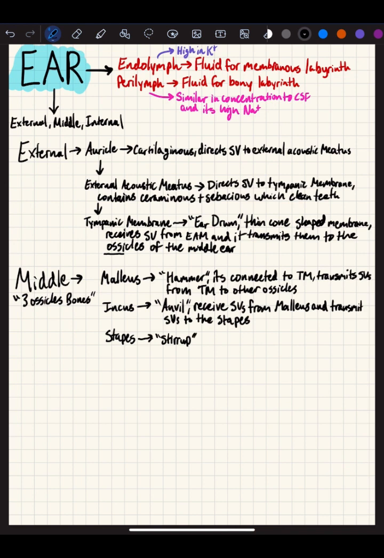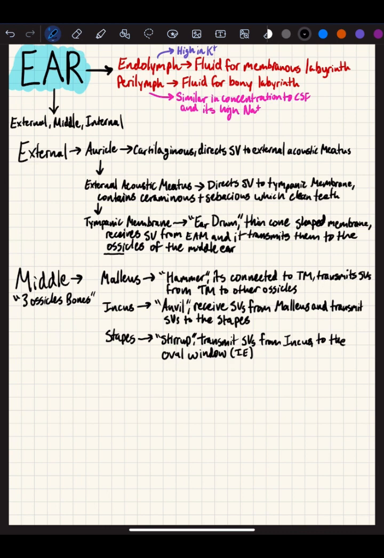And they transmit the SV, the sound vibration that has come all this way, the previous step being the incus, to the oval window, which is part of the inner ear.